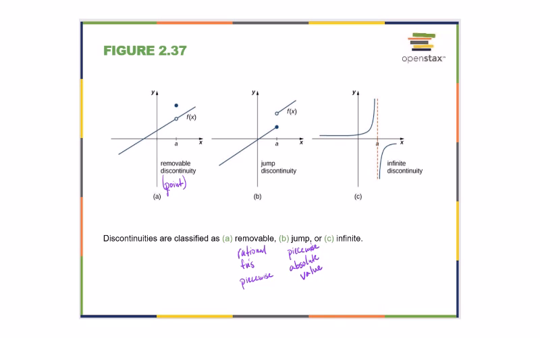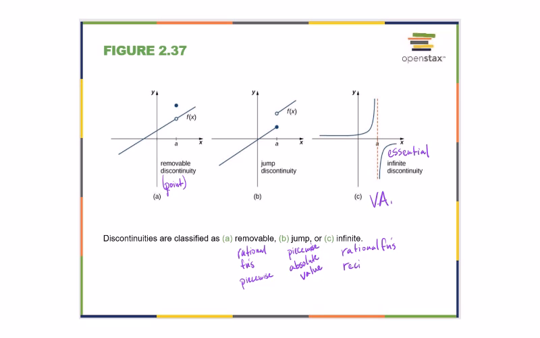All right. And then infinite discontinuities. The word that I use a lot for these is essential discontinuities. Okay, so an essential discontinuity or infinite discontinuity is where you have a vertical asymptote, right? Those usually happen with rational functions or reciprocal functions.